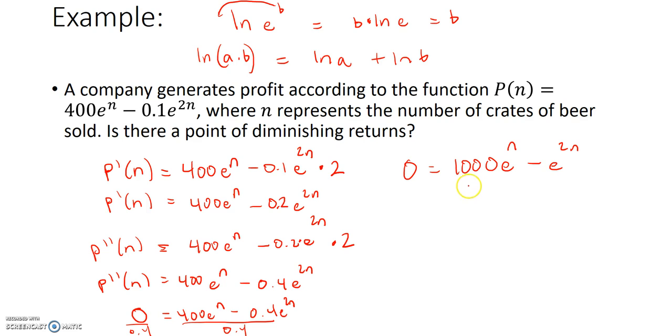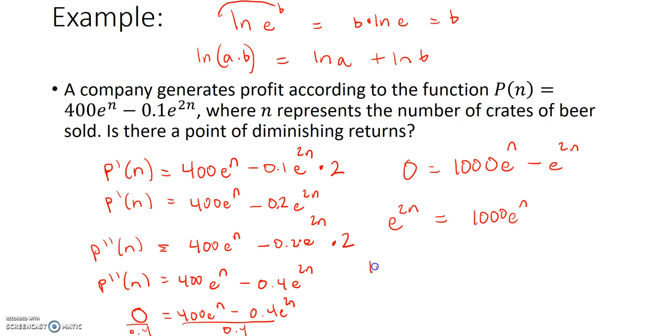And so now what I'll do is I will go ahead and move the negative e to the 2n to the other side, because for one, if I take the natural log of both sides now, we end up with extra constants that we don't need. So I'll go ahead and do this.